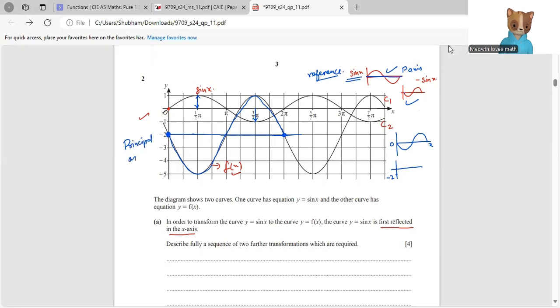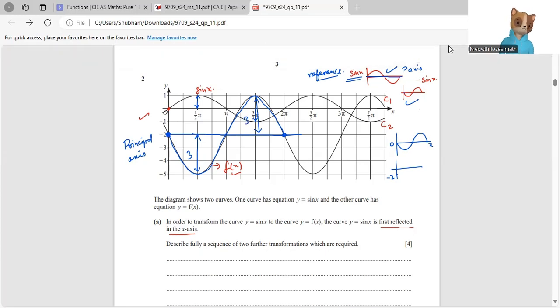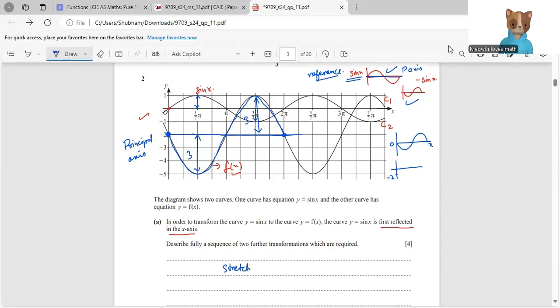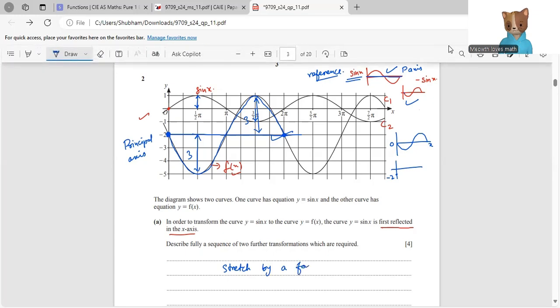Now I need to check what my amplitude is. This is my amplitude, 3 units down and 3 units up, isn't it? So I can simply say it's a stretch, because the principal axis is now over here. Stretch by a factor of 3.